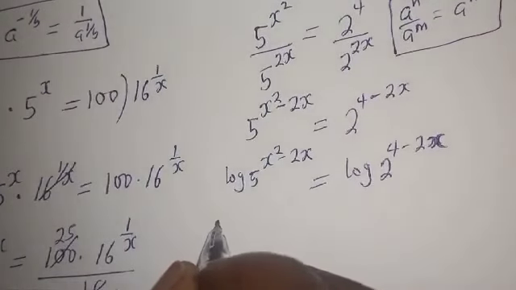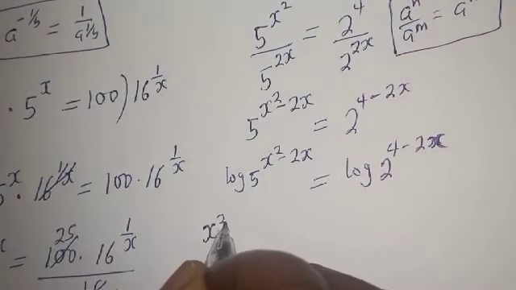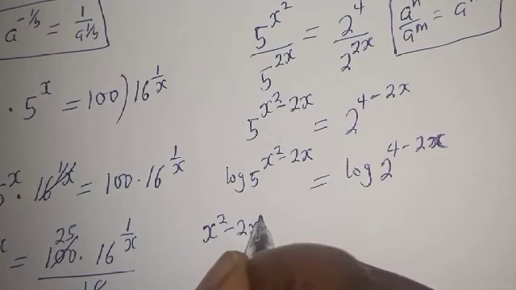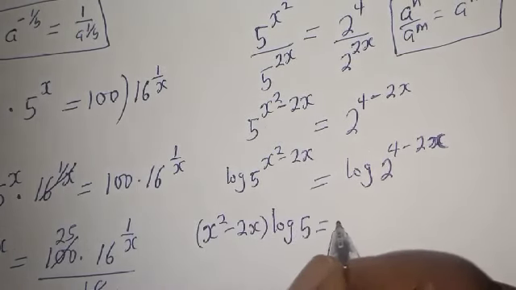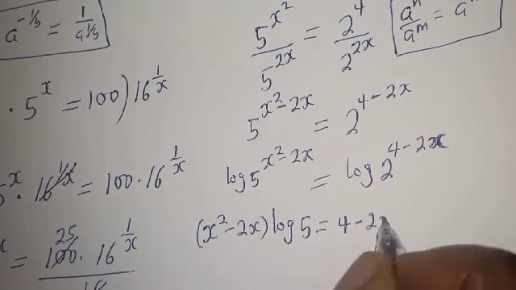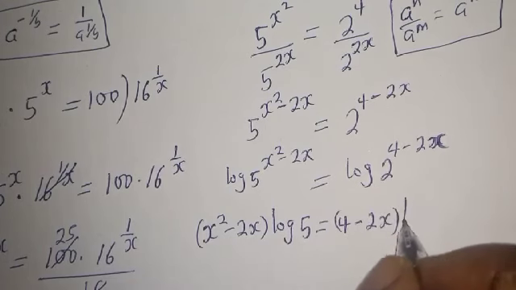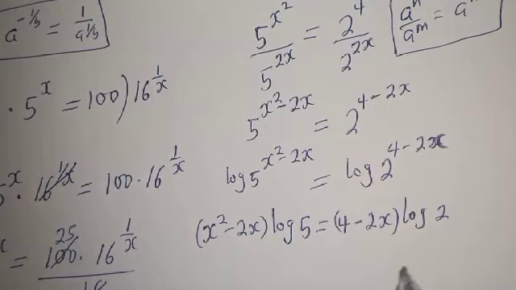Then this is x squared minus 2x log 5 is equal to 4 minus 2x log 2.